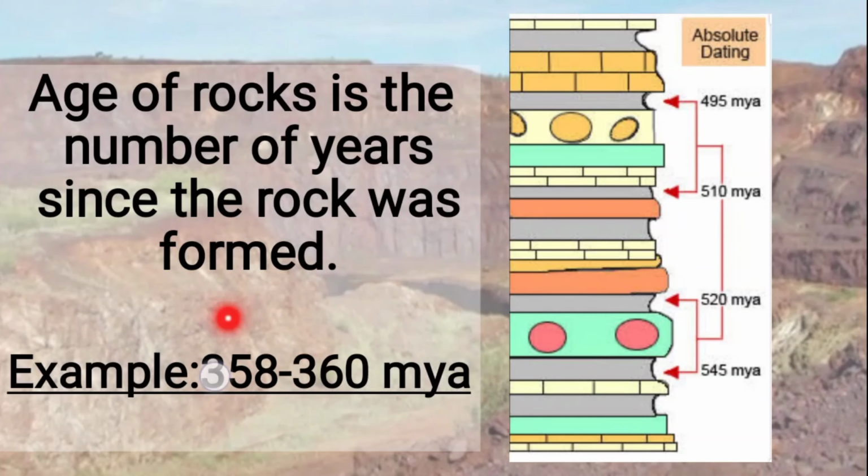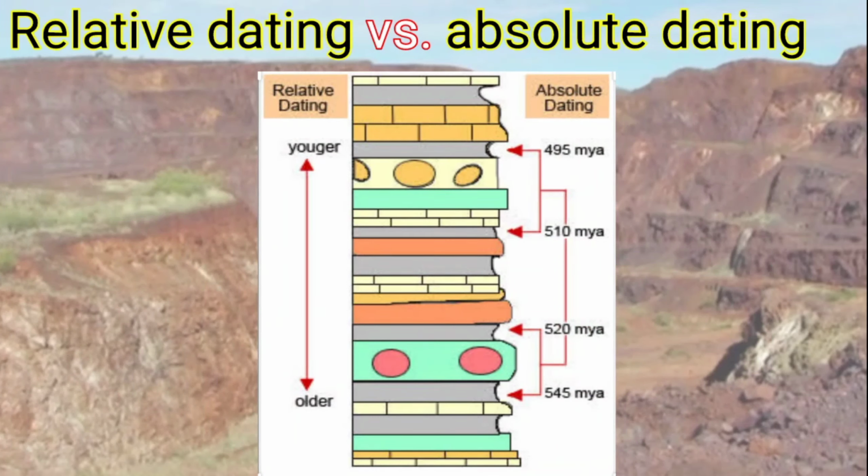So, in this part, we are talking about numbers and answering the question, how old is the rock? As you can see on the illustration, the rocks are arranged based on their ages. So, we have 545 million years ago. This layer is the oldest and the youngest layer is 495 million years ago. So, that is for absolute dating.